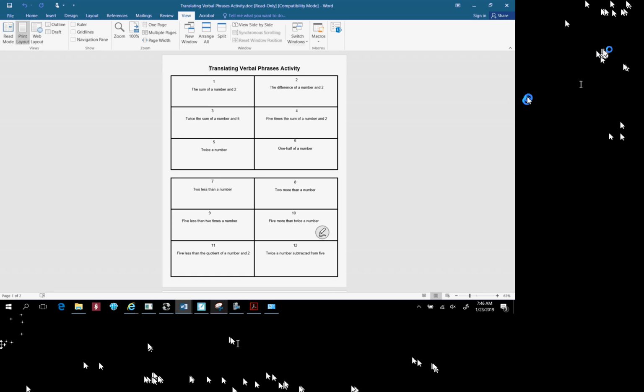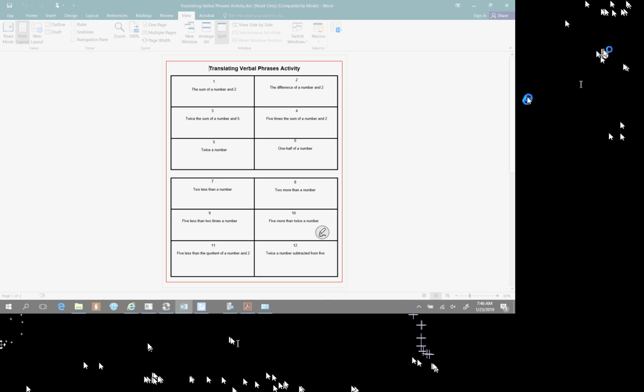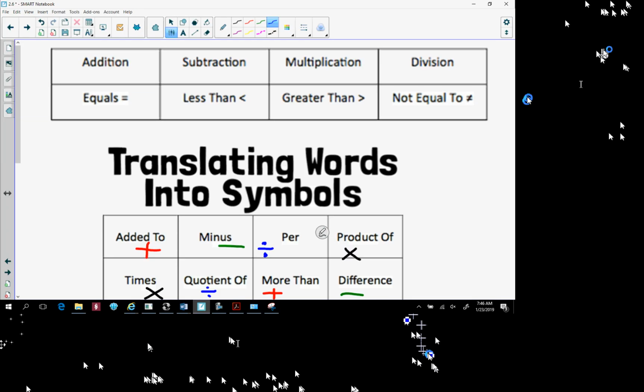Cool. Does everyone have this out? So the first thing we're practicing with is just writing out the expression, not even solving anything, just writing it out.